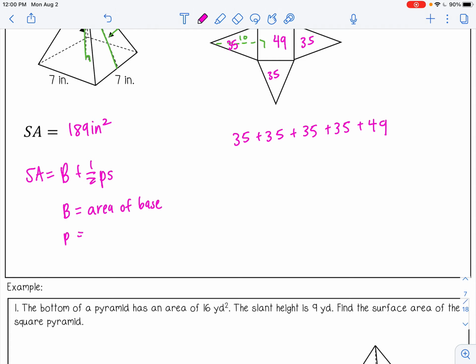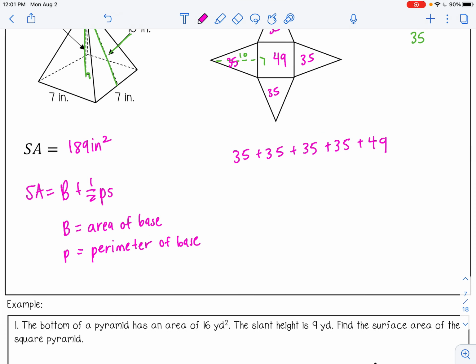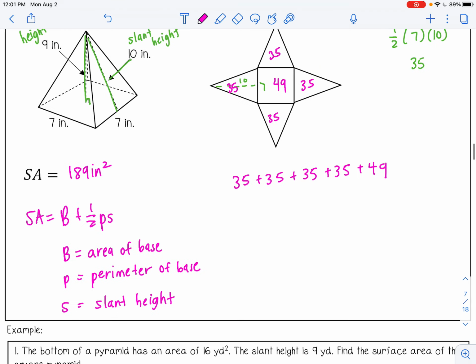The little p stands for the perimeter of the base. So in this case, that would be 7 plus 7 plus 7 plus 7, or 28. And then S stands for the slant height. So this formula is good to use if you don't have a net.